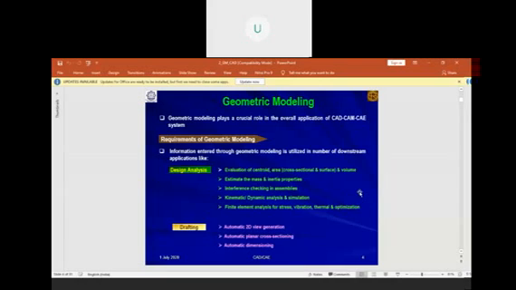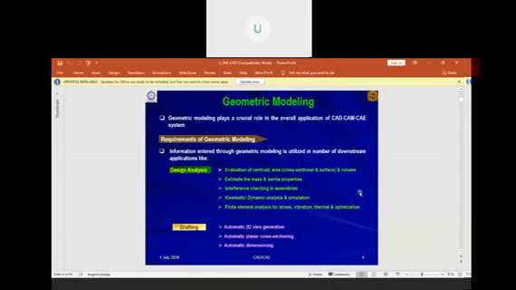Using the code for that, the computer will quickly calculate the mass and inertia property. That is why your model should be correct during geometric modeling, so that you can calculate the correct mass and inertia property, which is required for your kinetic analysis.